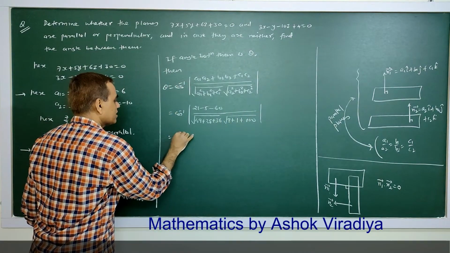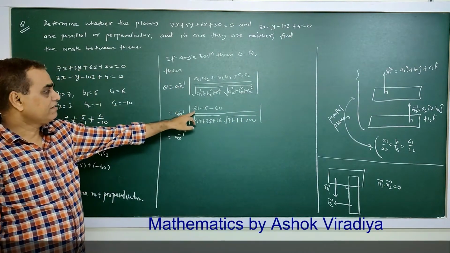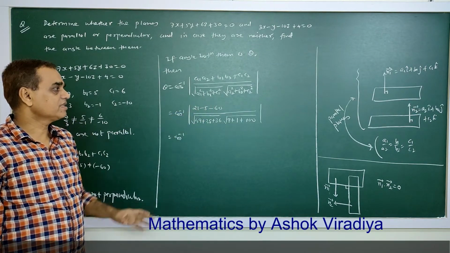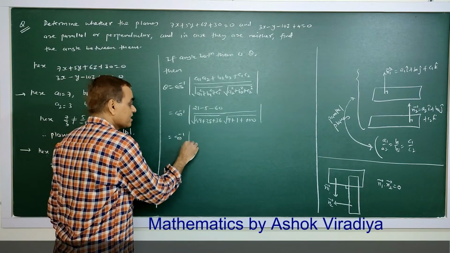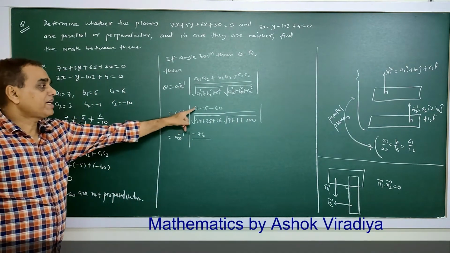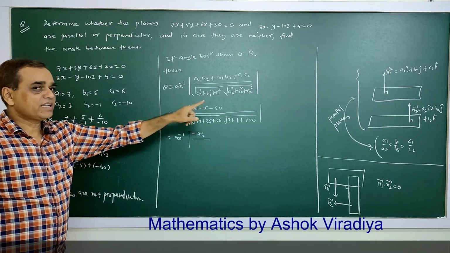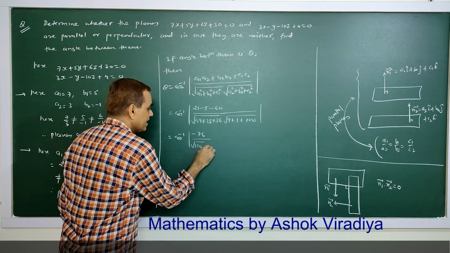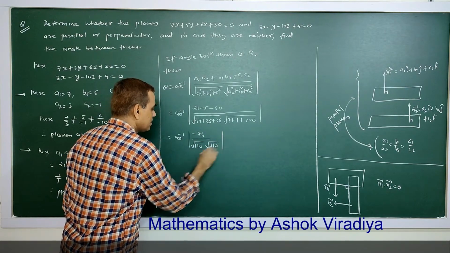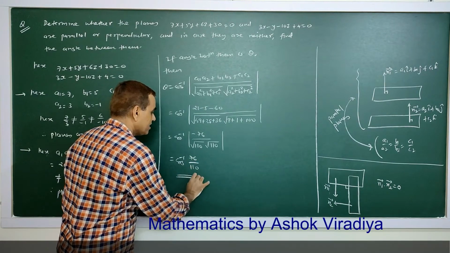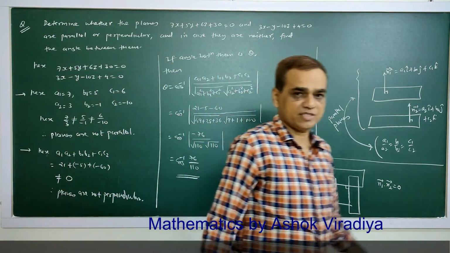So cos inverse, 21 minus 5 is minus 16, minus 16 minus 60 is minus 76 upon square root of 110 into 110. So this is cos inverse 76 upon 110. So this is angle between these planes.